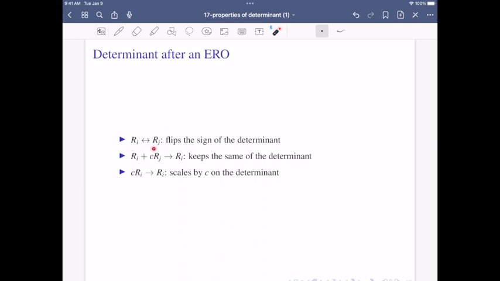If you swap 2 rows, then the determinant will be opposite. So flip the sign of the determinant. It's the same thing as multiplying by negative 1. If you do a replacement ERO, then it will not change the determinant. If you multiply by C to one row, the ith row, then this is the same thing as multiplying the determinant by C.